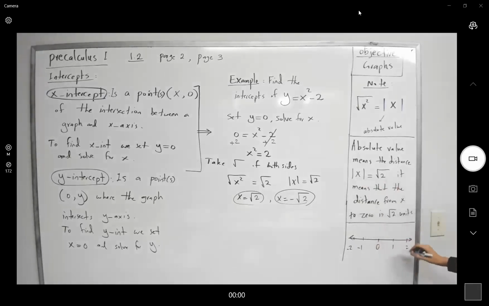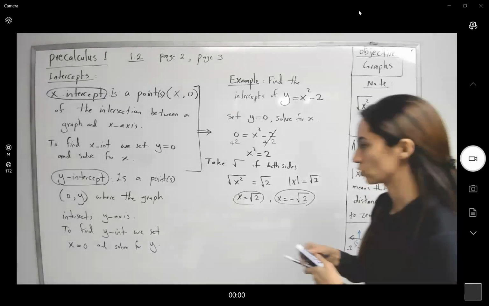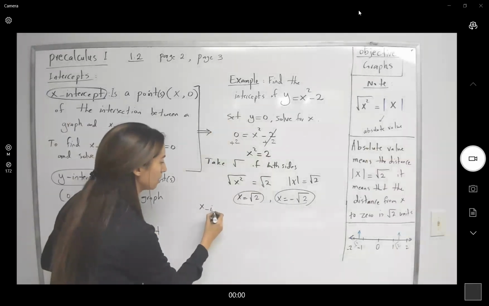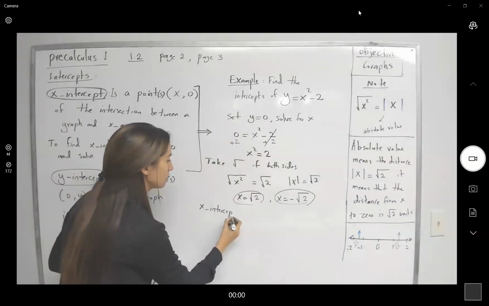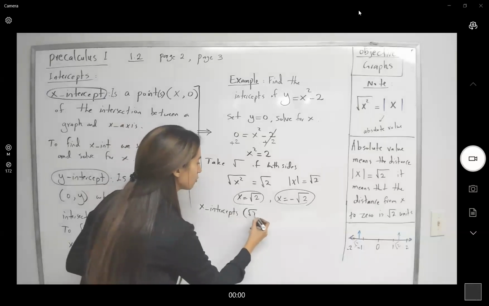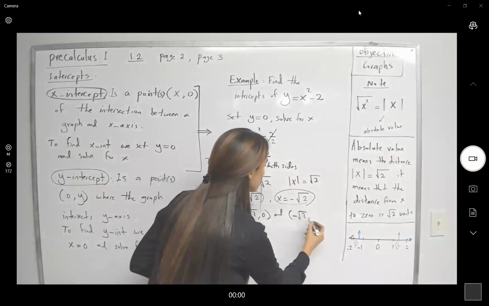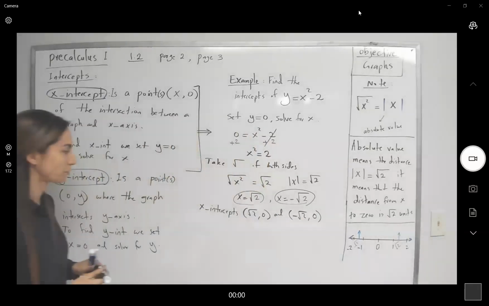So that number can be here for square root of 2, and that number can be here, negative square root of 2. Both of them are absolutely acceptable. So we have two x-intercepts, square root of 2 and 0, and the other is negative square root of 2 and 0.